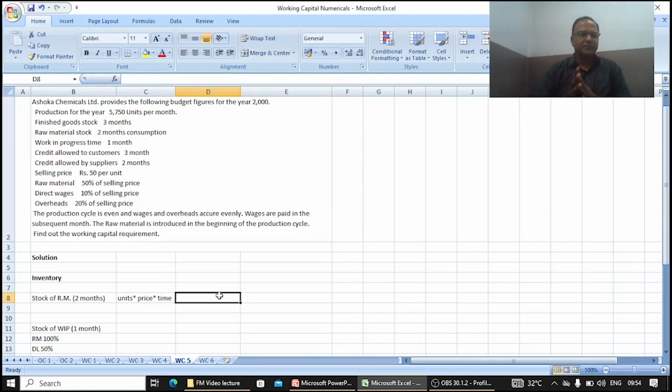First, units. It's given in the question that production for the year is 5750 units per month. So it's given in months, so it will be easy for us. 5750 into price. Price of raw material is given as 50% of 50.